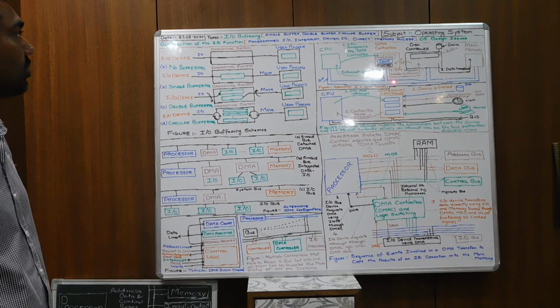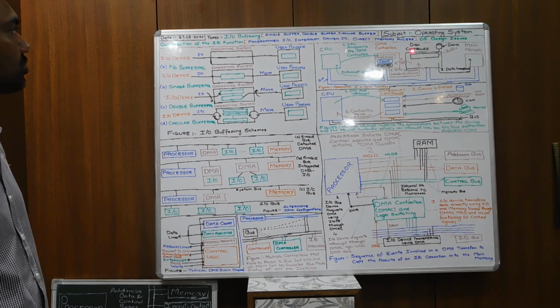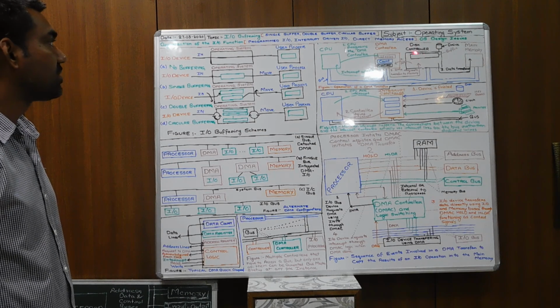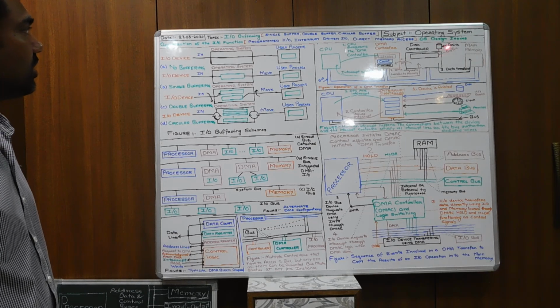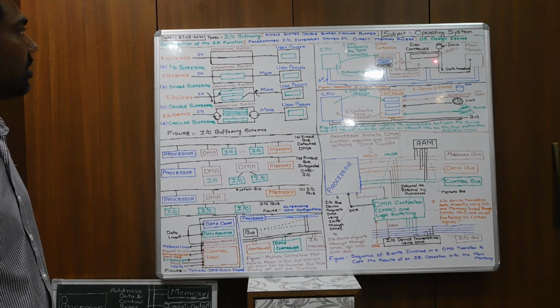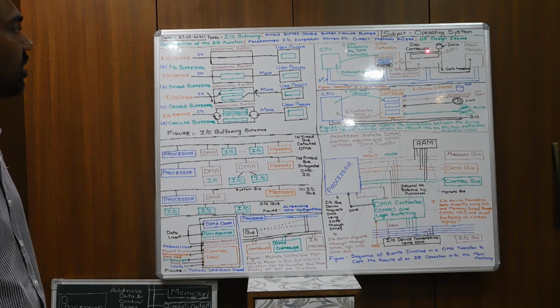From here the DMA request goes to the disk controller, and you may see the drive. Then the data gets transferred to the main memory, because DMA transfer gives the privilege where the IO device has direct access to the memory.